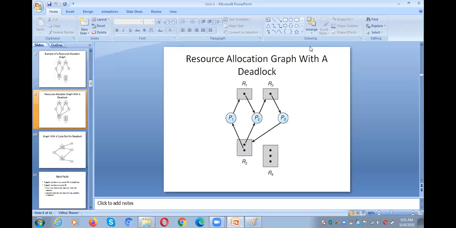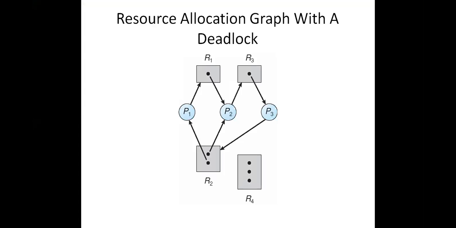Now observe here in this particular diagram, there is a deadlock. Follow the cursor, please. Here, if you observe, P2 is requesting R3 and R3 is allocated to P3, and P3 is requesting one resource, and P1 is also requesting one resource.